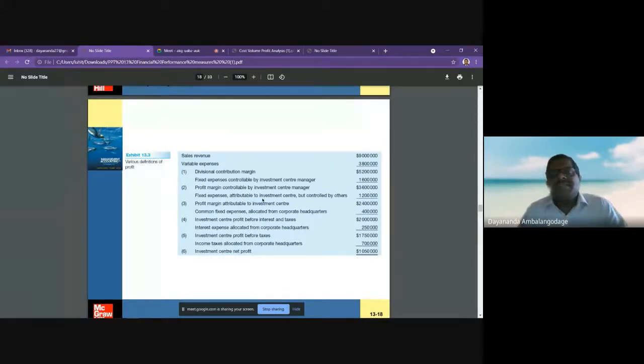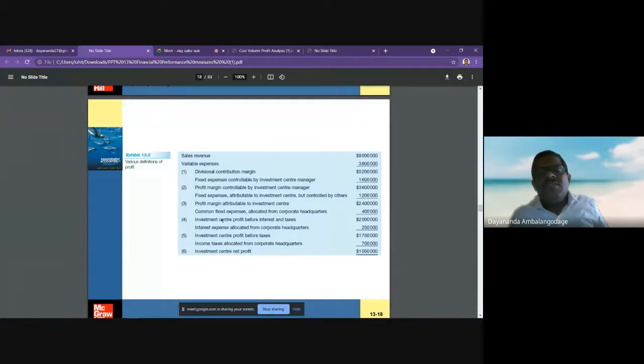Then fixed expenses attributable to the investment center but controllable by others. You are the manager there, but there are certain expenses which are beyond your control, like rent. So then that 1,200 you can deduct, but that is called profit margin attributable to investment center.